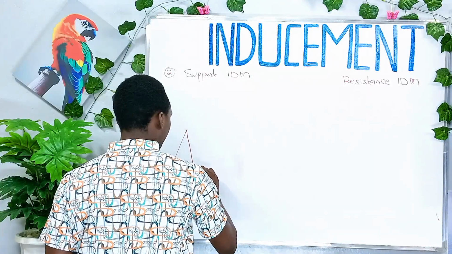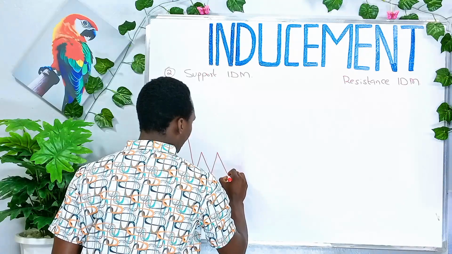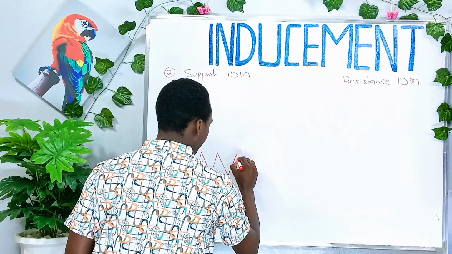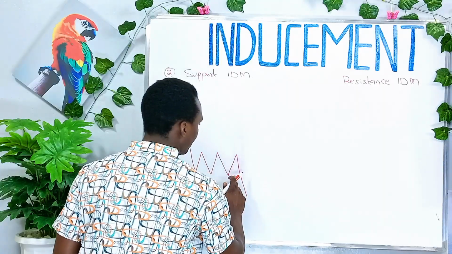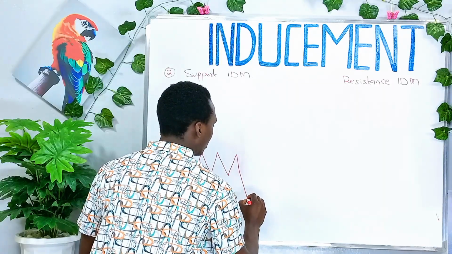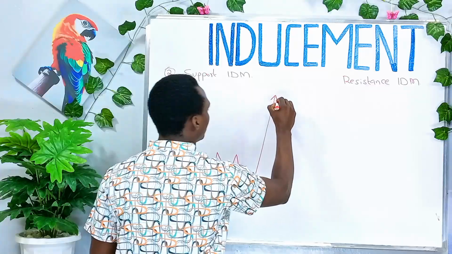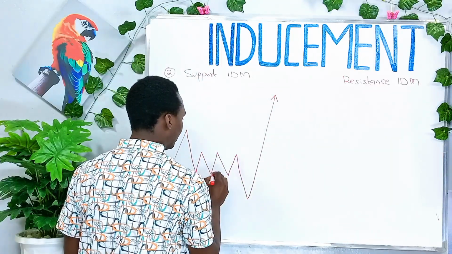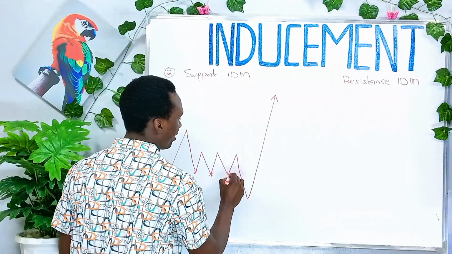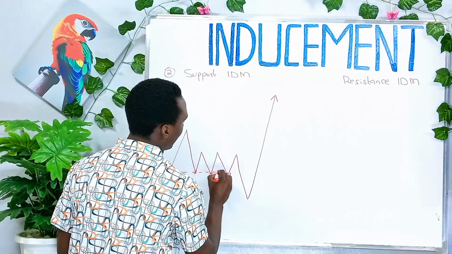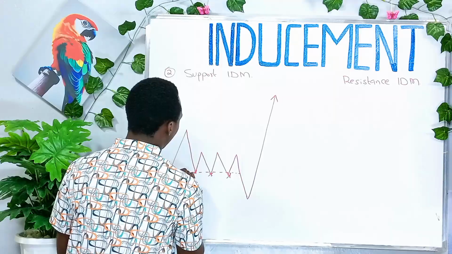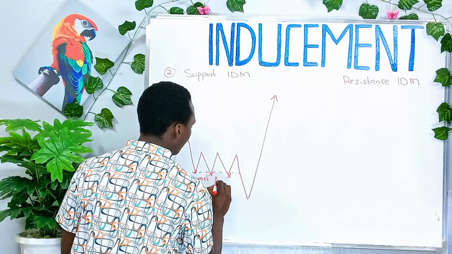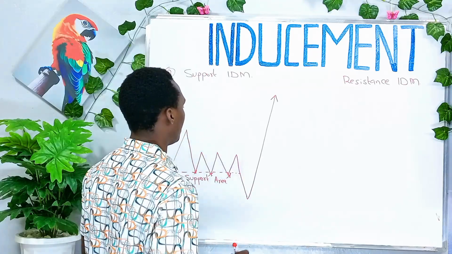The price comes back, forms this consolidation here, takes out this liquidity, and continues going to its desired direction. So this area and this area, if you join them with a line, what do they form? They form a support area, or a support level.